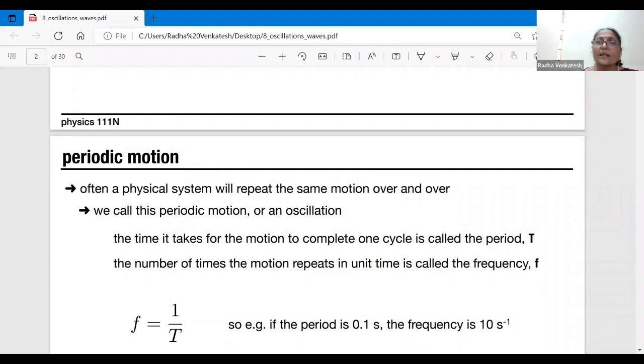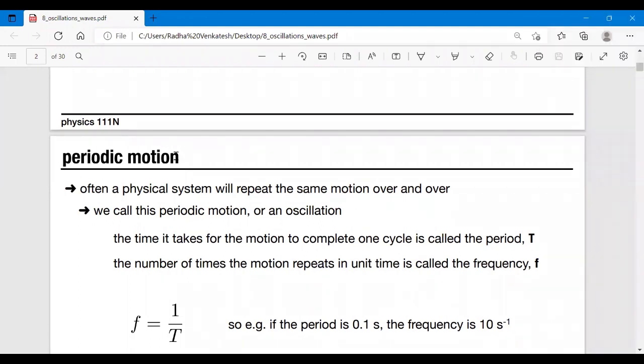Hence, we say these kinds of motions where they get repeated after regular intervals of time, we define it as, what, teachers? We define it as periodic motion. So are we clear? So that is where I start off, with this term called periodic motion.